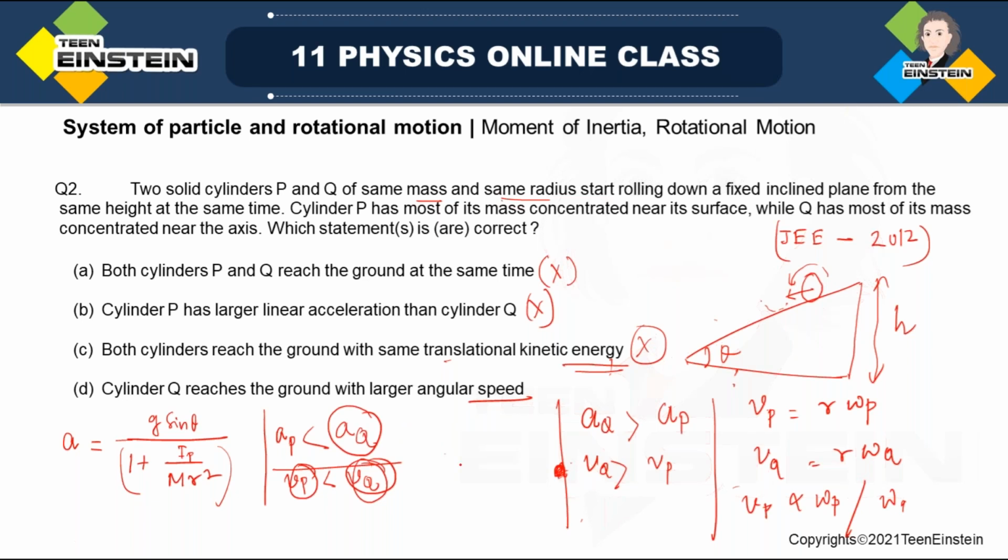Since the angular velocity is directly proportional to the linear velocity, the angular speed of Q will be greater than the angular speed of P. So this last option will be the correct option here. The correct answer for this question will be the last option.